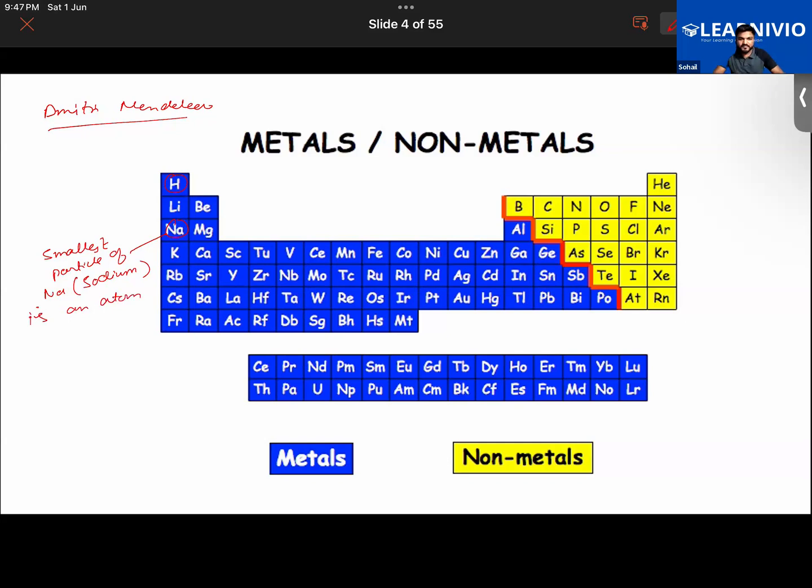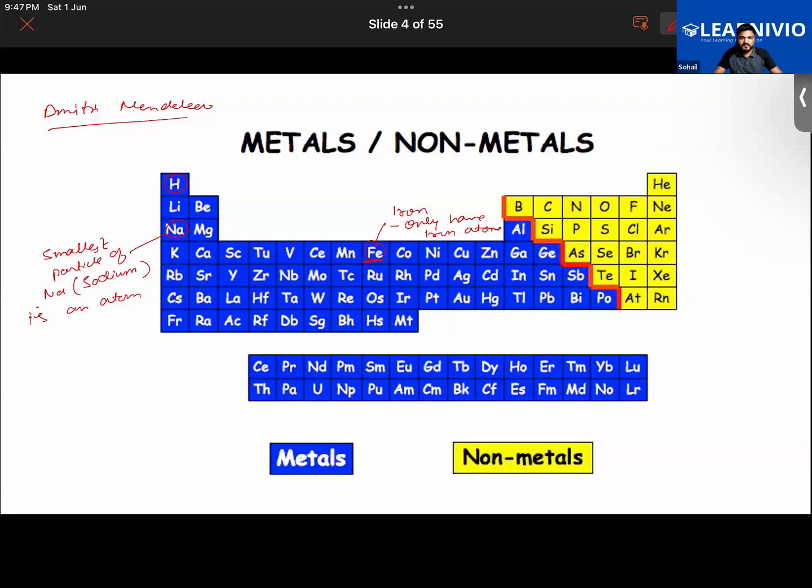So an atom is the smallest particle of an element, and a sample of an element will consist of only one kind of atom. If you have sodium, then in sodium you will only find atoms of sodium. You have iron, for example, represented by the symbol capital F and small e. In this, you will only have iron atoms. Getting it now?